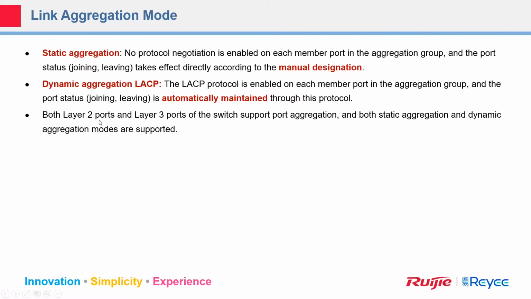And both layer 2 and layer 3 ports of the switch support port aggregation, both static and dynamic. And about the detail of how to select the AP and how to select which ports become link aggregation members and finally forward the traffic, you can also see it in the RCNA certification course.